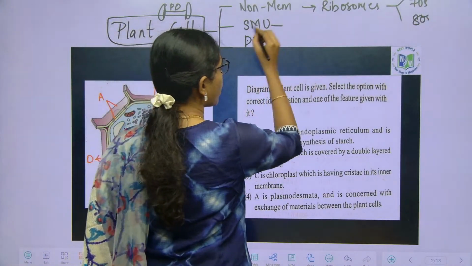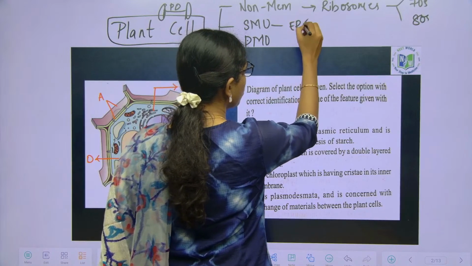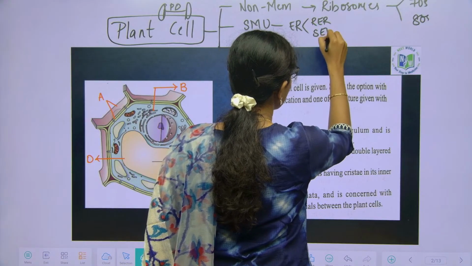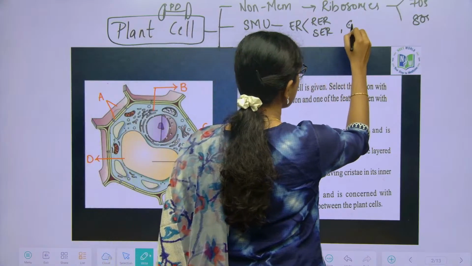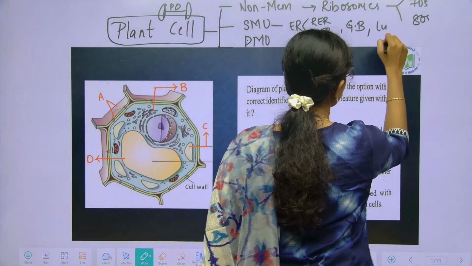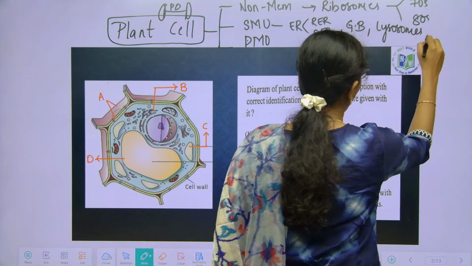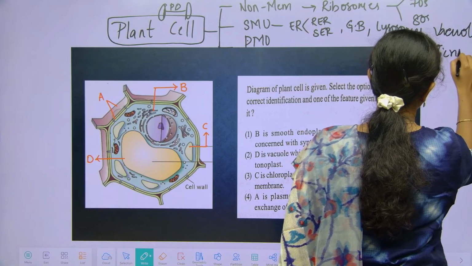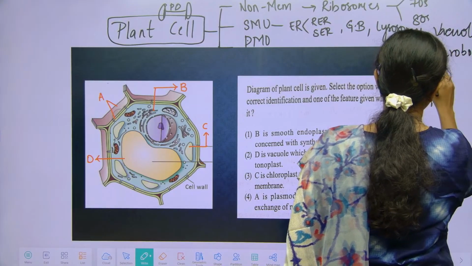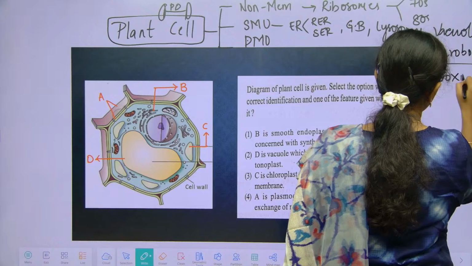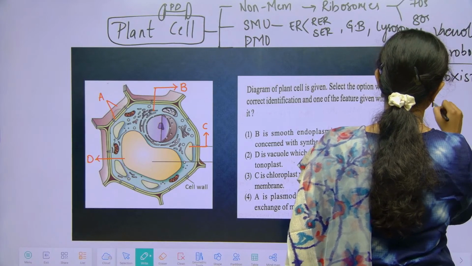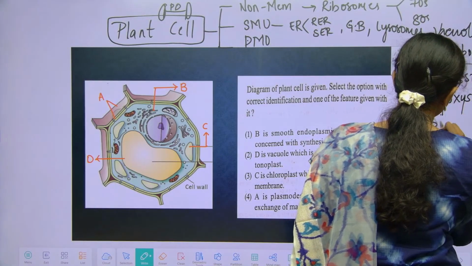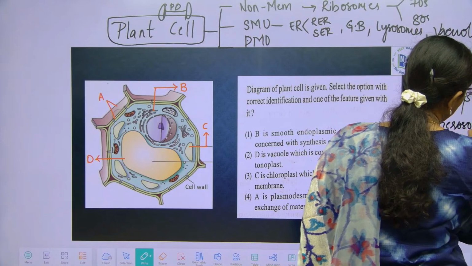And single membrane bound organelles include endoplasmic reticulum, 2 types of endoplasmic reticulum, rough endoplasmic reticulum and smooth endoplasmic reticulum, Golgi bodies and lysosomes, vacuoles, microbodies like peroxisomes, glyoxysomes and spherosomes are present.